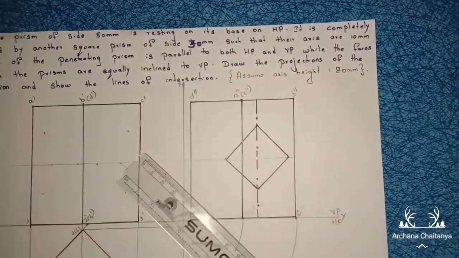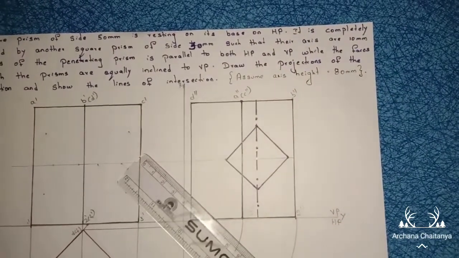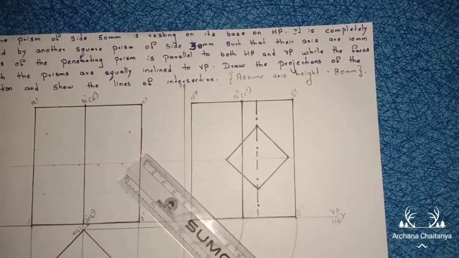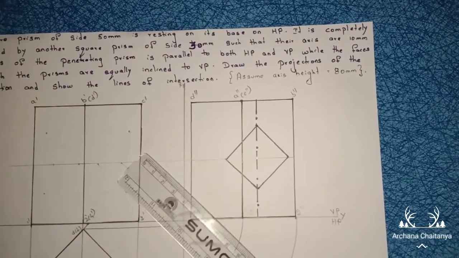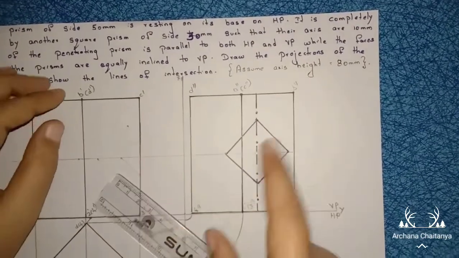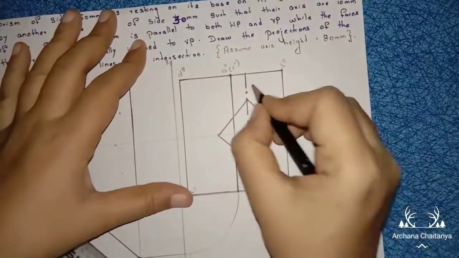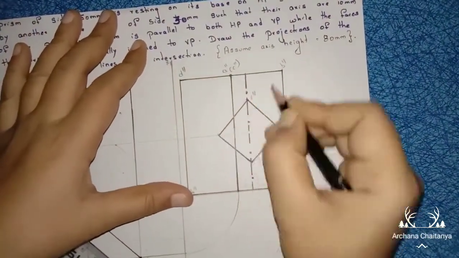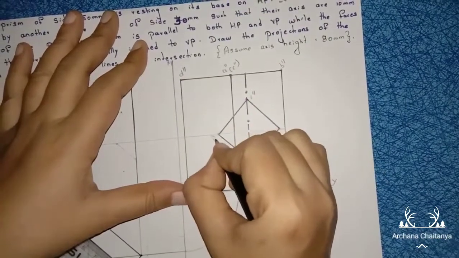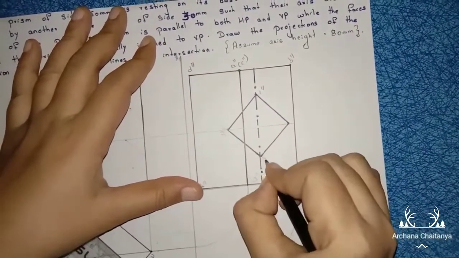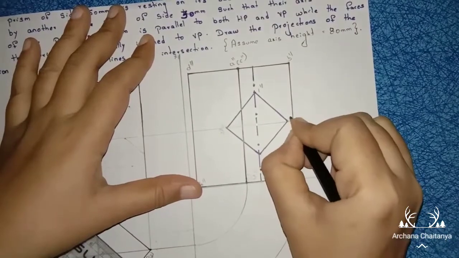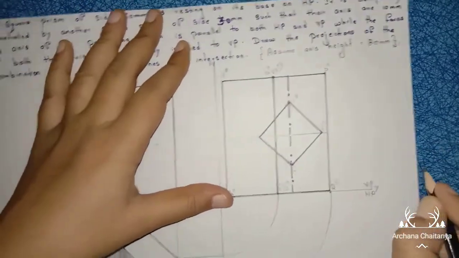Here clearly they mention that axes are 10 mm apart. So from the axis line I took the distance 10 mm. I have drawn the square prism of length 30 mm. After that mark the points here 1 double dash, 2 double dash, 3 double dash, and here 4 double dash.